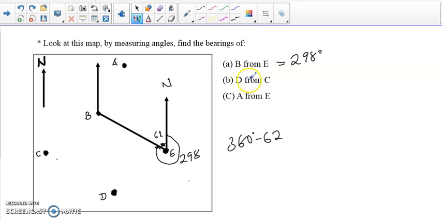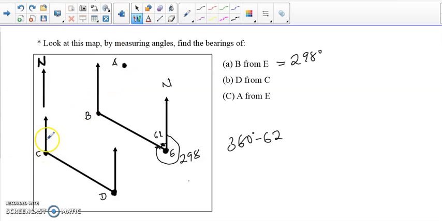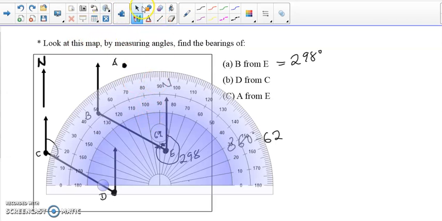Okay, now let's look at this also. The bearing of D from C. I'm going to draw a straight line connecting both C and D. Don't forget to put your north pole as a straight line. Then I'm looking for D from C. From C means I'm going to move from north clockwise direction to here. You get that? So I'll use my protractor to do that.